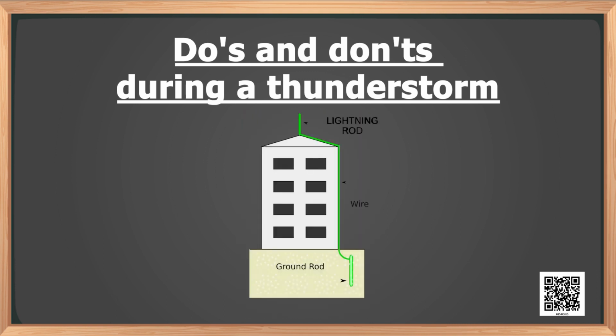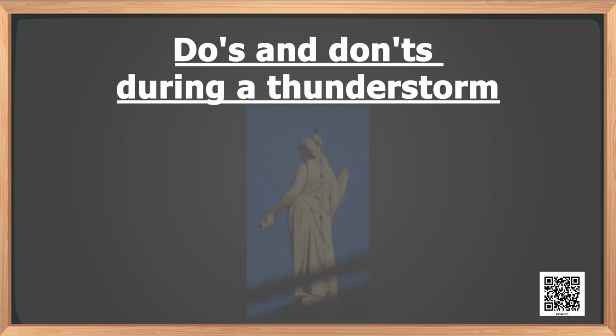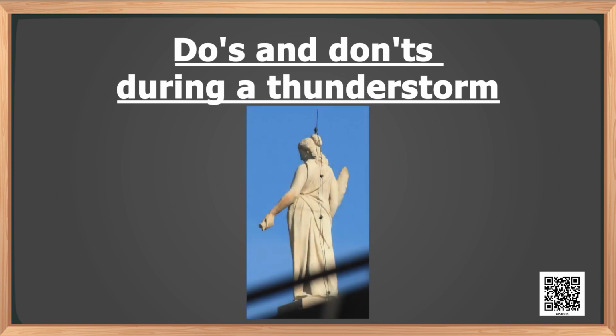The same principle is used for carrying the large number of charges which fall on the buildings during lightning or thunder. A lightning conductor is a device which is used to protect the high-rise building from the effect of lightning.